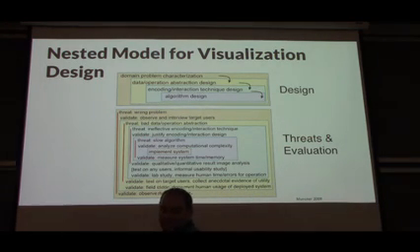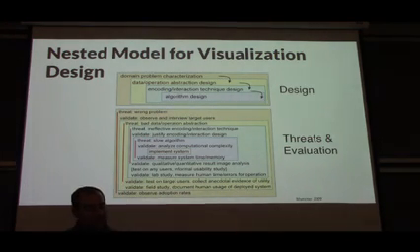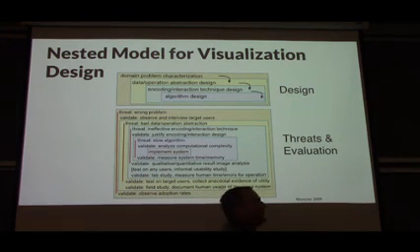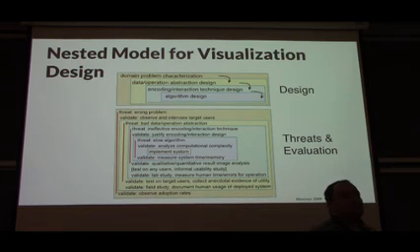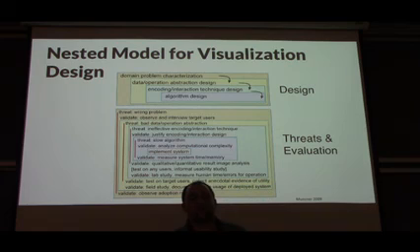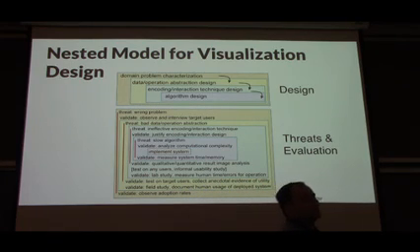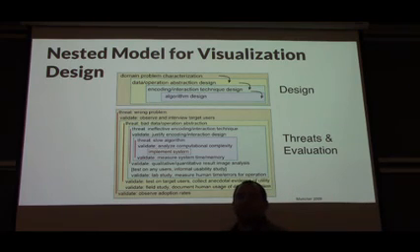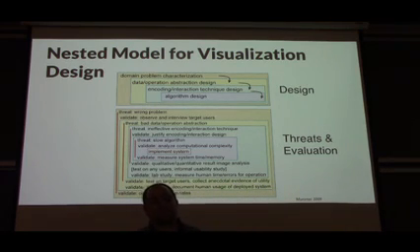Then on the encoding interaction technique design level, we have the threat of using an ineffective encoding or an ineffective interaction technique. We can tackle that by being very rational about our choices for encodings. We've learned a lot about the hierarchy of visual channels, so we should always be able to justify our choices.